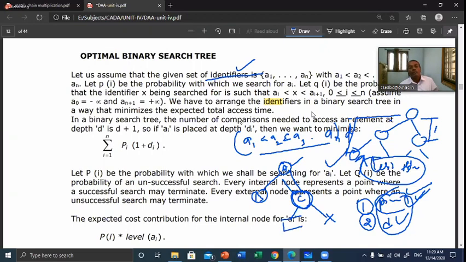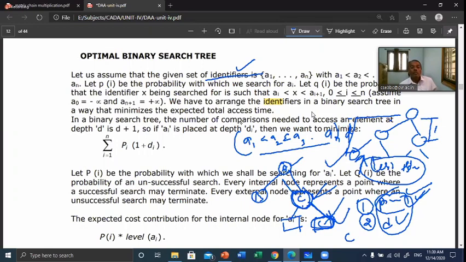Success probability, for example, if I'm searching for C, it is a success. If I'm searching for X, I'll go to this side because it is more than C. I'm not getting the result at this level, I'm getting the result at this level. This is unsuccessful search probability.